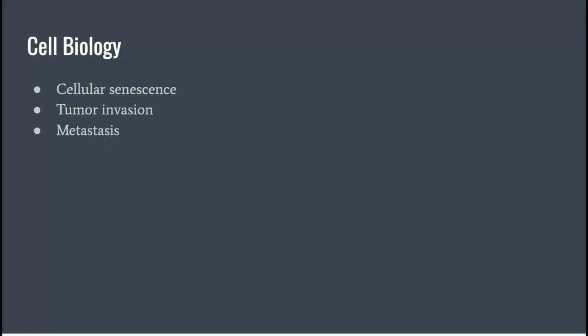Cellular senescence is unique in a way that they eventually stop multiplying but won't die off when they should. They instead remain and continue to release chemicals that trigger inflammation. There's also tumor invasion and metastasis when the tumor begins to spread.